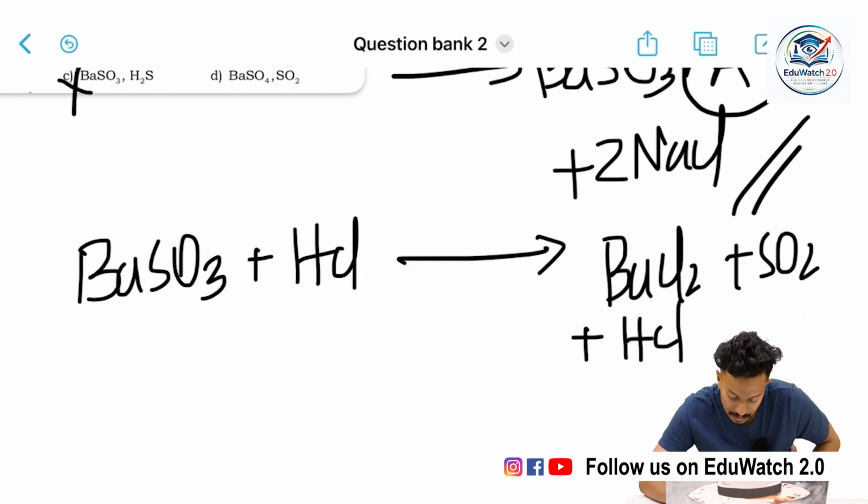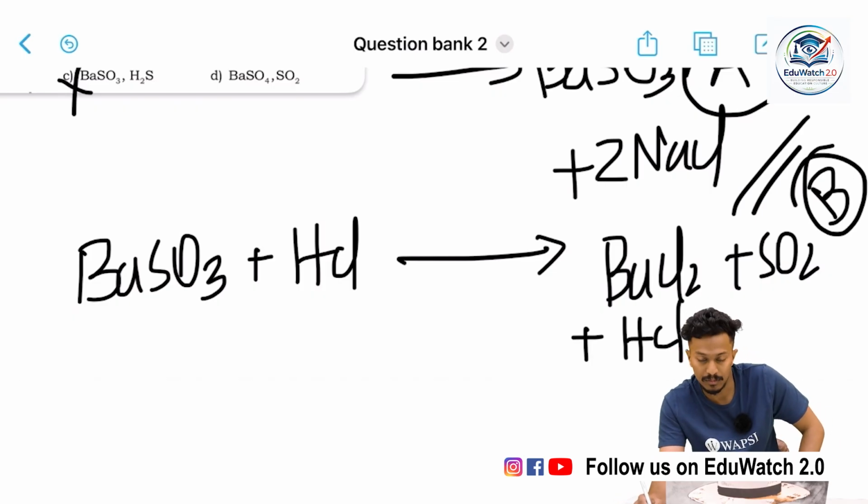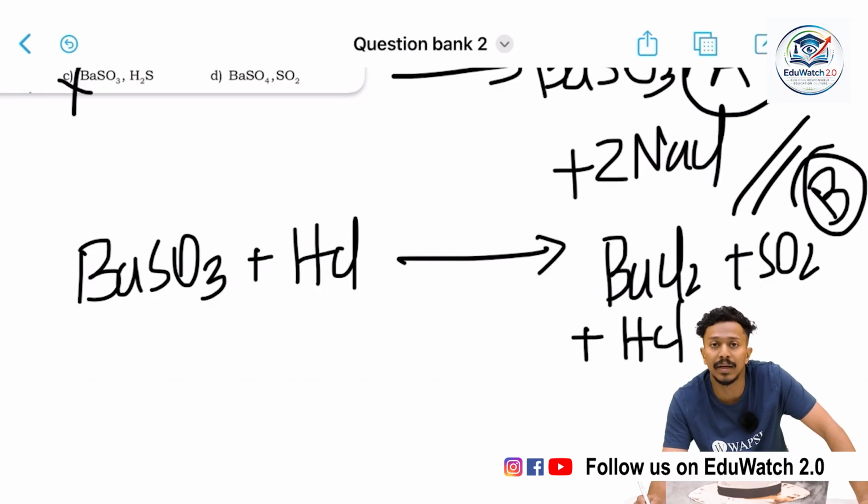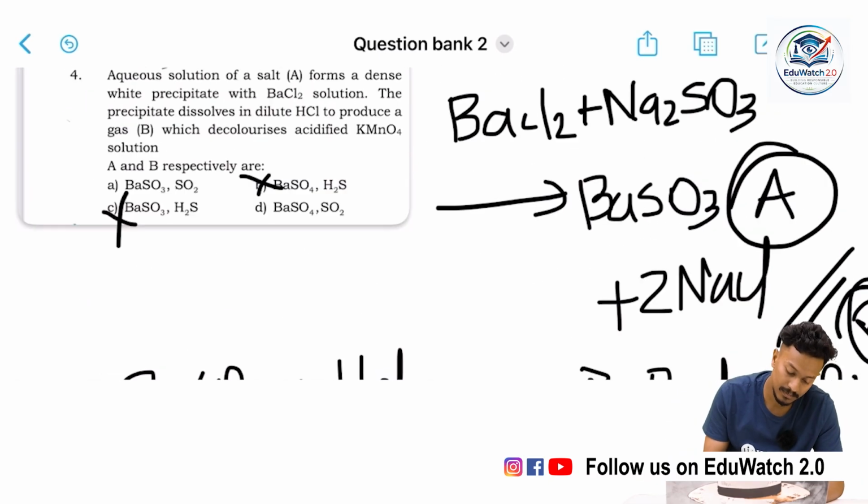This is compound B, which decolorizes KMnO4. This is sulfur dioxide. We do know that sulfur dioxide is a reducing gas. So the correct option for this question would be BaSO3 and SO2, which is option number A, right? Option number A.